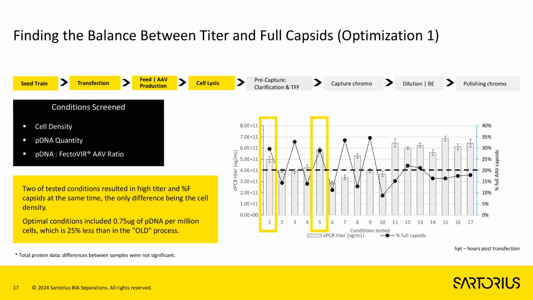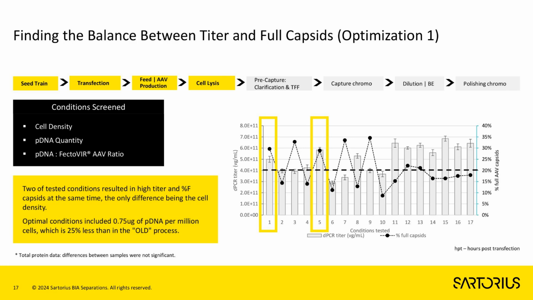However, we also saw 2 conditions here, number 1 and number 5, which showed both nice titer as well as percent of full, the only difference between them being cell density. So without, let's say, detailed insight into our DOE results, which we did in MODDE software, you can just see by eye that these 2 are likely going to be the best candidates.